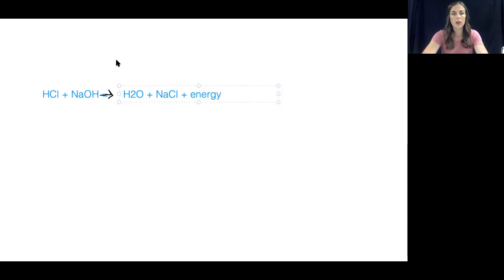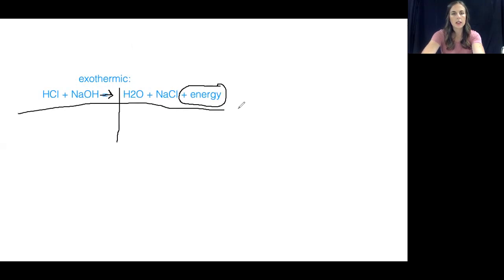This is exothermic, which means it's releasing energy, which means energy is now a product. Remember, if we split our chemical equation here, this side is reactants and this side is products. Energy is a product in an exothermic chemical equation.